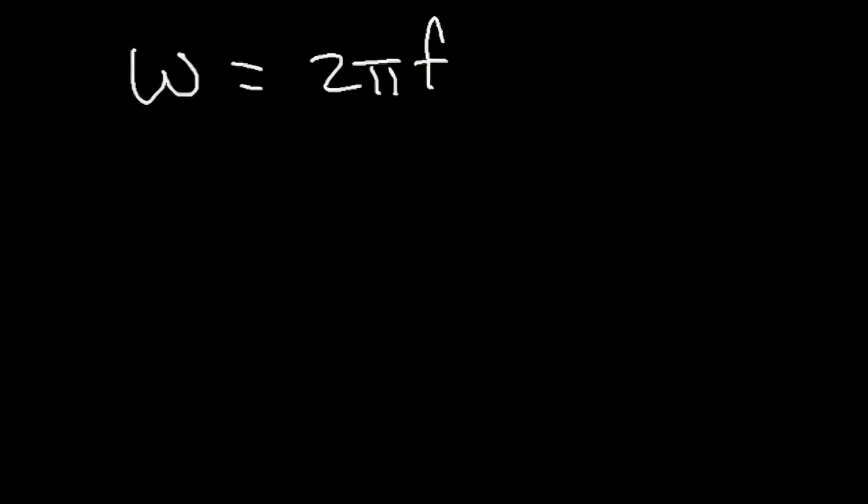Now let's look at the units. So let's perform dimensional analysis on this equation. We know that pi is really measured in radians, and 1 revolution around a circle is 360 degrees, which is 2 pi radians. So 2 pi radians is equal to 1 revolution.